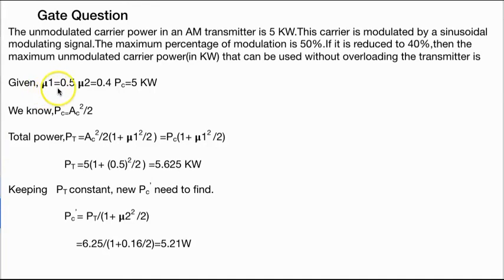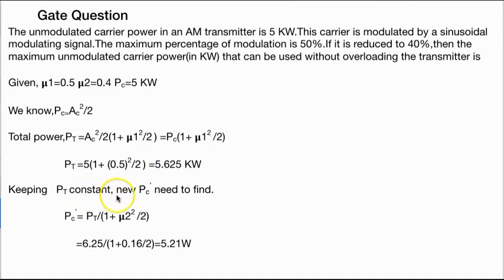So I have mentioned mu1 is this, mu2 is this, and power of carrier is AC square by 2. Total power of a double sideband signal is given by AC square by 2, 1 plus mu square by 2. Or you can say PT is equal to PC times 1 plus mu1 square by 2. Now on solving, PT is 5.625 kilowatt.